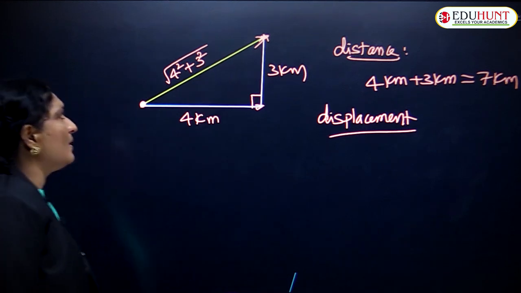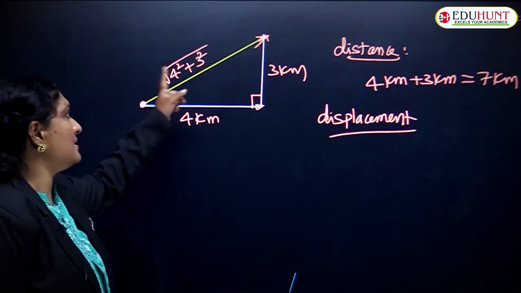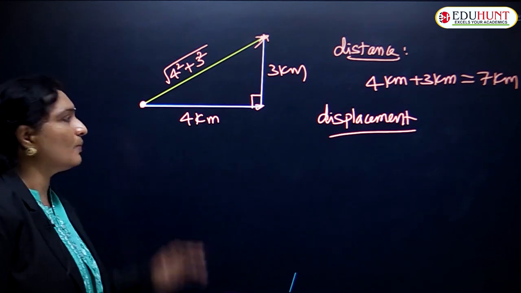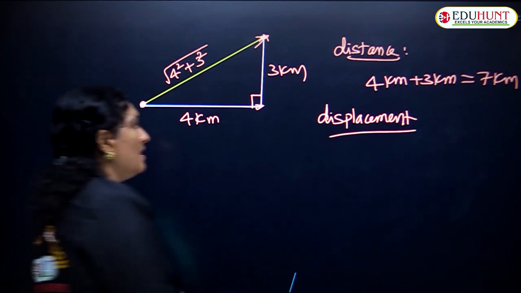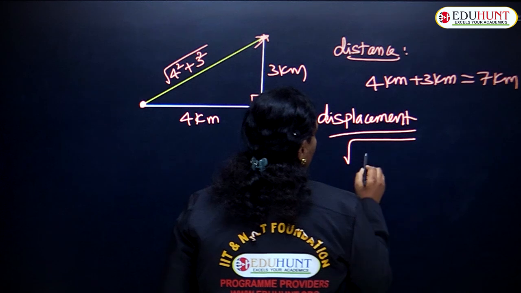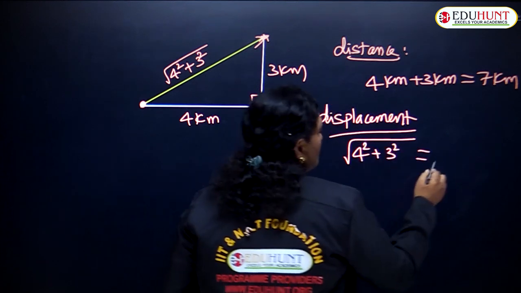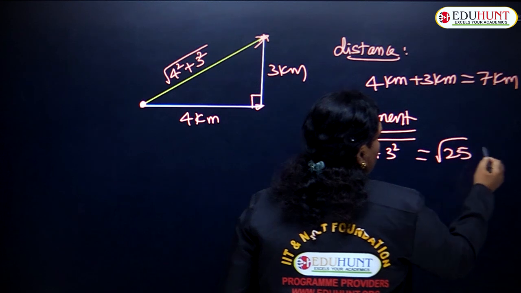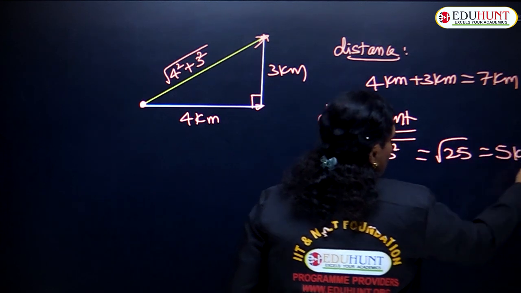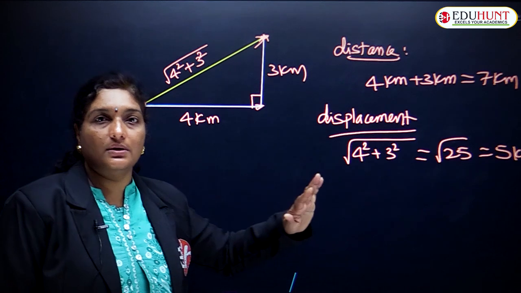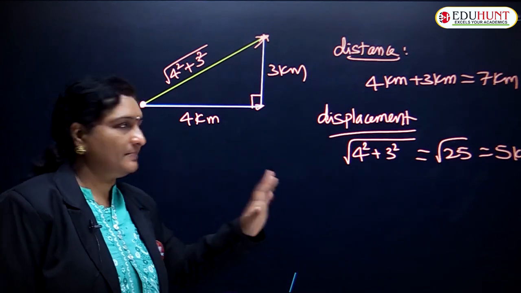How much is 4 square plus 3 square, children? 16 plus 9, which is 25. Under root, 25 is 5 kilometers. Hence, the displacement is root over 25, that is 5 kilometers. So, clearly, distance and displacement both are different.